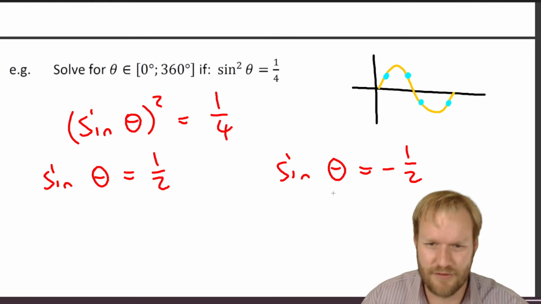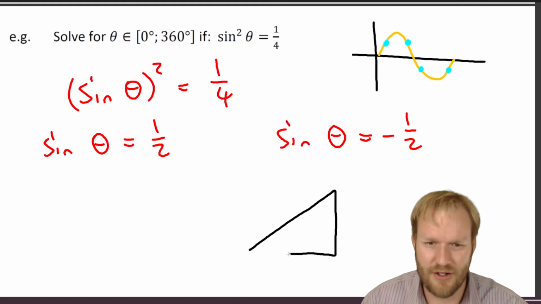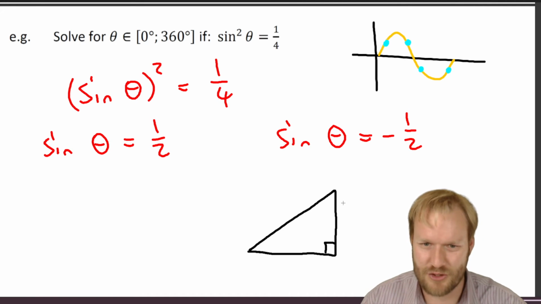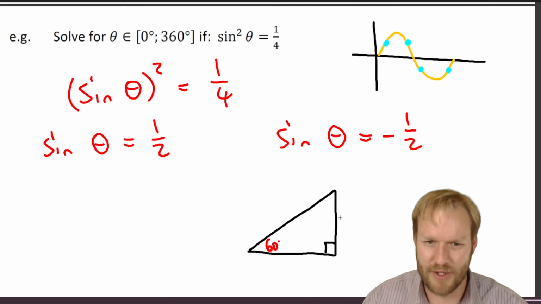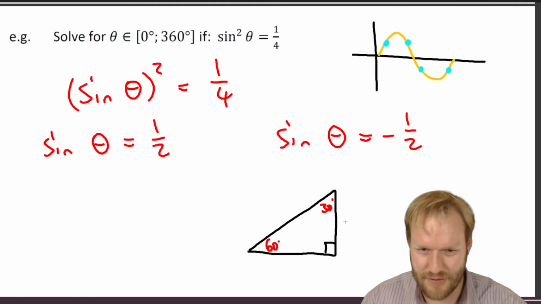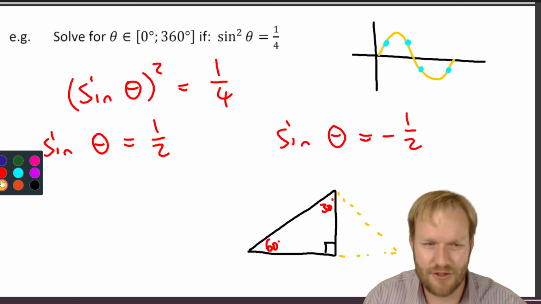So if you're feeling like a special triangle, if we've got a half, then we've got one of our special triangles, maybe with 60 and 30. I think we had our triangle out like this, and we originally drew an equilateral triangle.